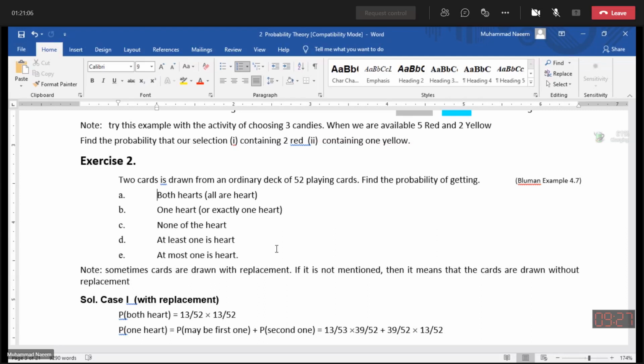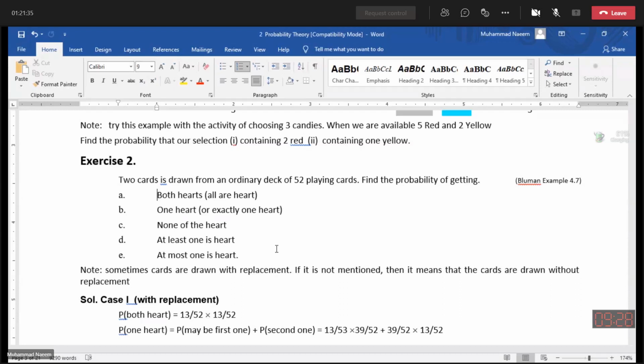That these cards are drawn, either we are picking both the cards at the same time, at once, or they are drawn without replacement. So this is the general case. No need to mention here that these cards are drawn without replacement.